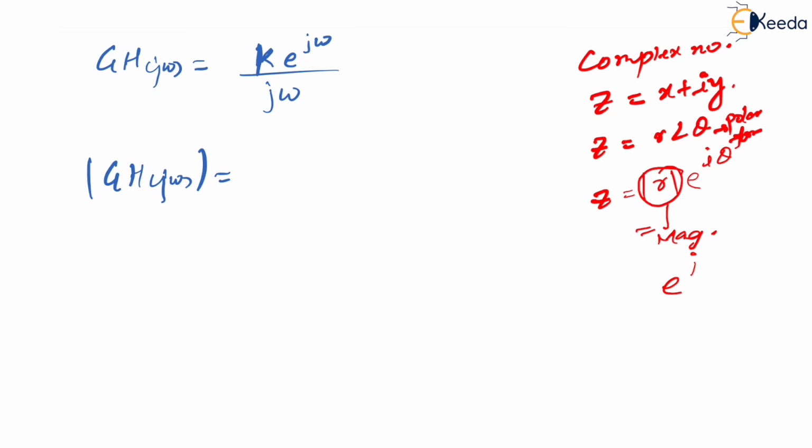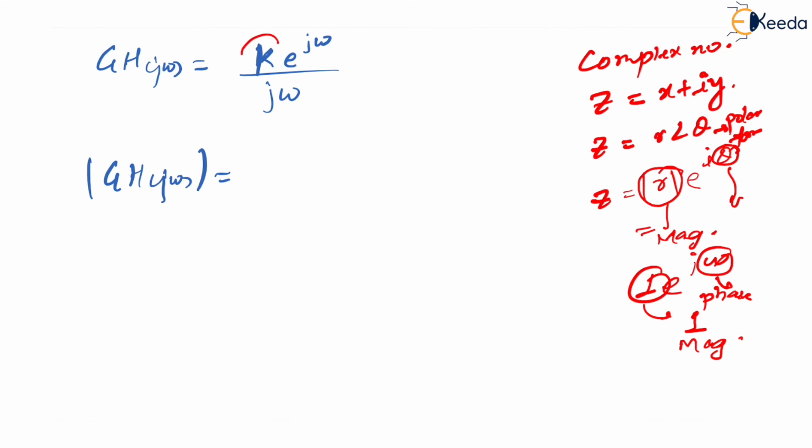For example, if I have e to the power j omega only, then alongside e I have got 1, which means 1 is the magnitude. And this theta is nothing but the phase. So if you have omega, then this omega will become the phase. That is the story.